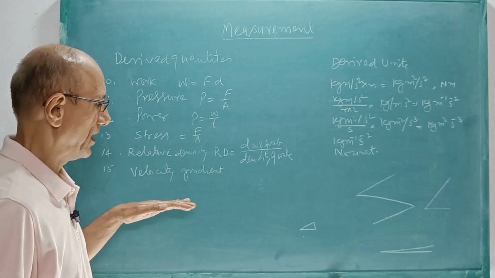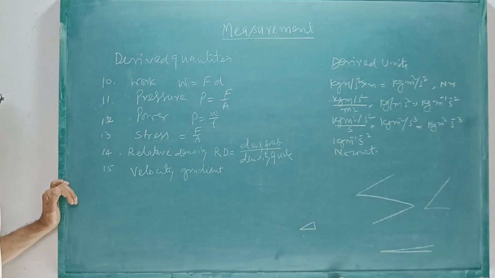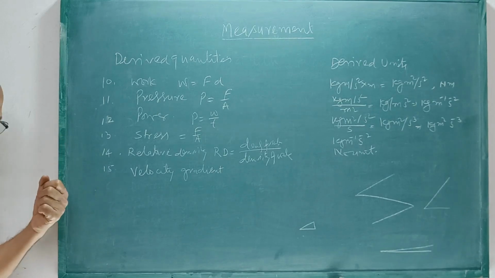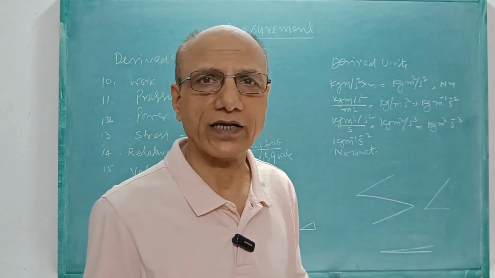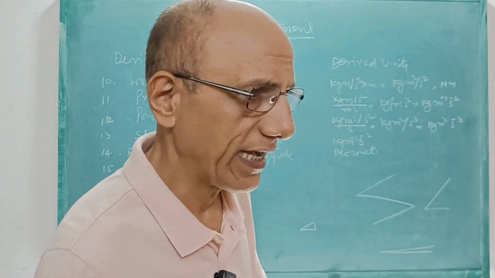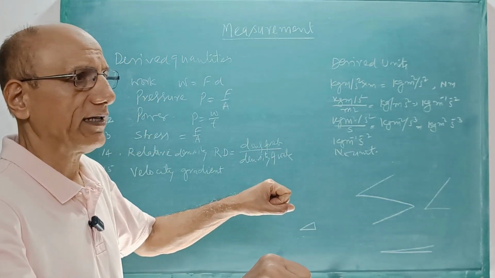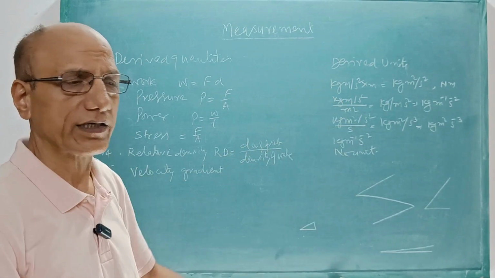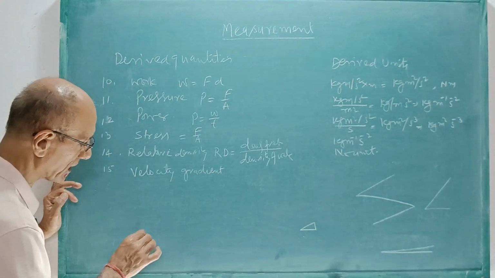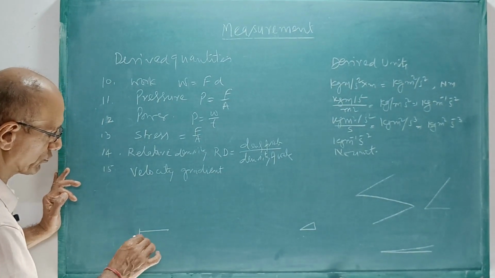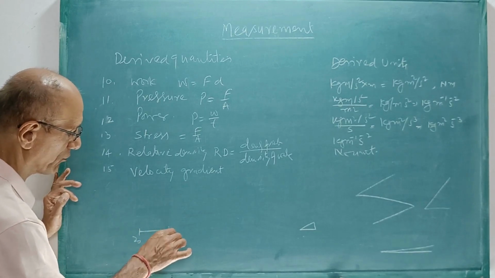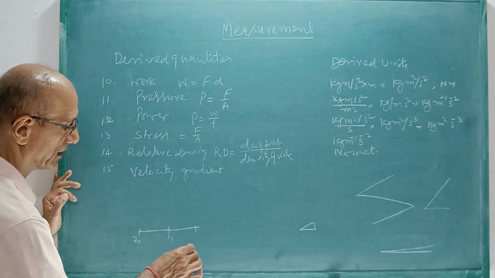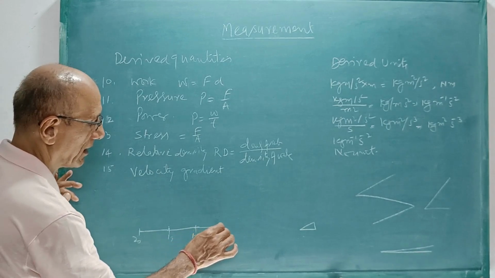That means if you leave the accelerator, or you just stop the pedaling of your cycle and just see, you will find gradually your cycle becomes slower and slower, ultimately it stops. That means moving a certain distance, here your speed was 20, then after moving a certain distance it becomes 19, then after moving a certain distance it becomes 18, and then like this.